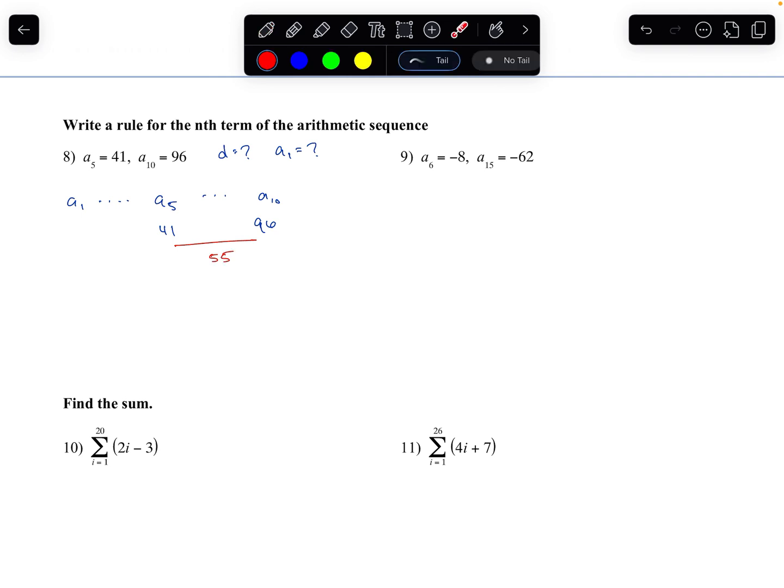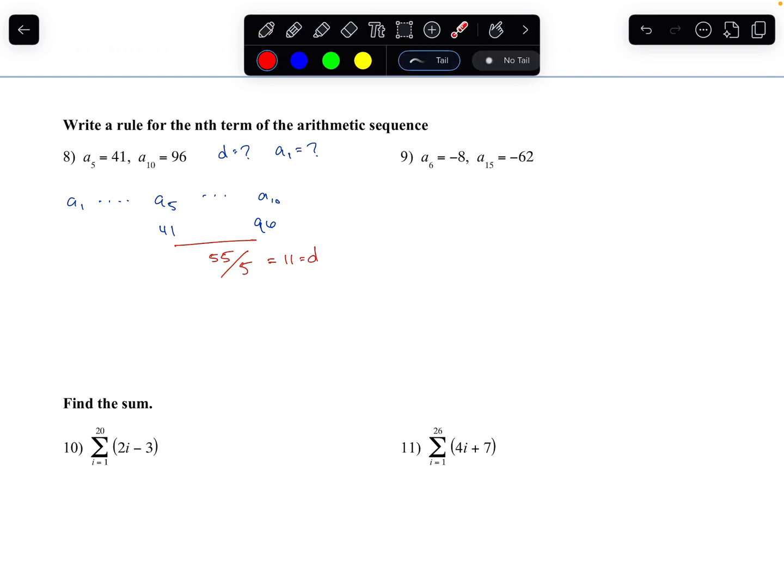So if I go from 5 to 6 to 7 to 8 to 9 to 10, that's 5 terms right there. And so that would mean that each term would have to be increasing by 11. So there you go, you have your common difference. So if you do 55 divided by 5, you're going to get that the common difference is 11.